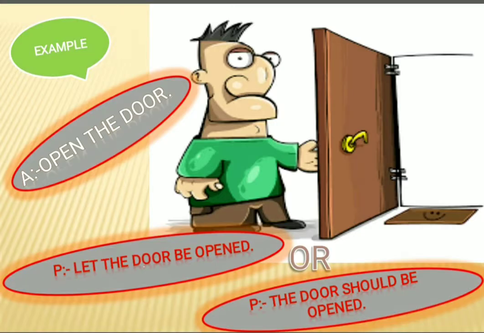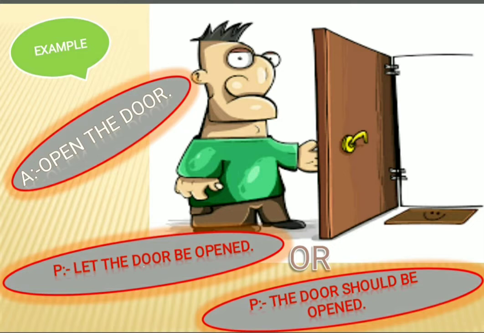Let's understand with the help of this example. If in active voice it is written, "Open the door", when you convert into passive voice, you have two options. You may write, "Let the door be opened", or you may also use, "The door should be opened". Both are right.